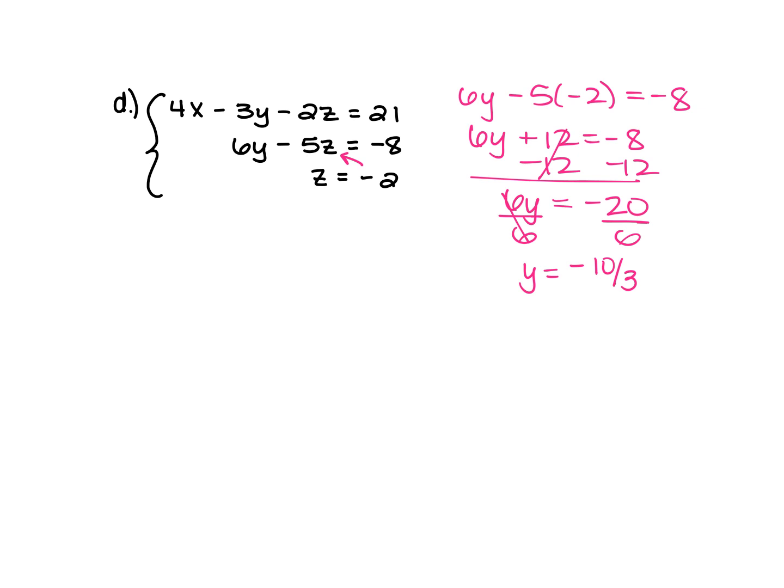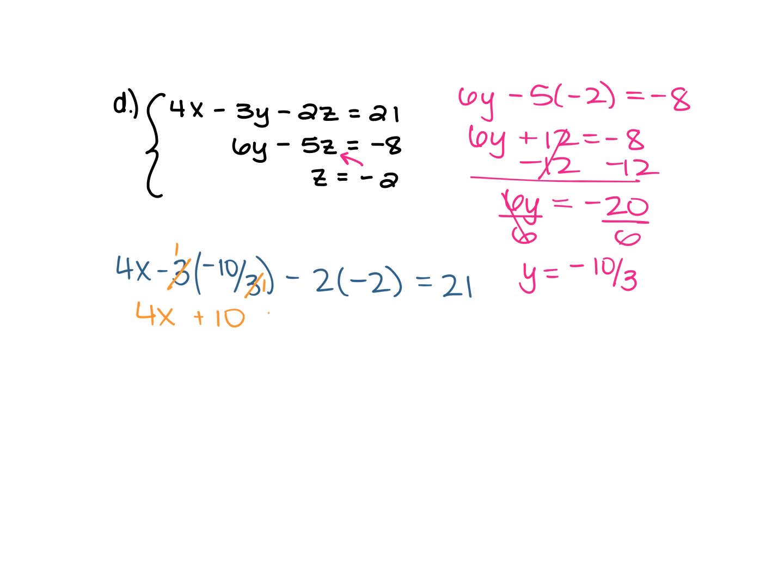Take that negative 10 over 3 and that negative 2, plug it in for y and z in the top equation, solve for x. You have 4 times x minus 3 times y, which is negative 10 over 3, minus 2 times z, which is negative 2, is equal to 21. Your negative 3 times negative 10 over 3 just becomes a positive 10, so 4x plus 10.